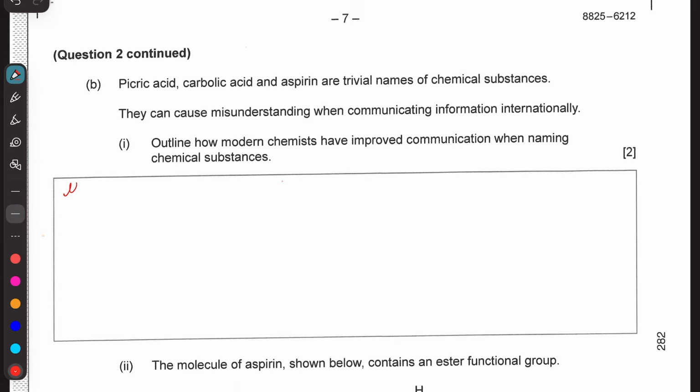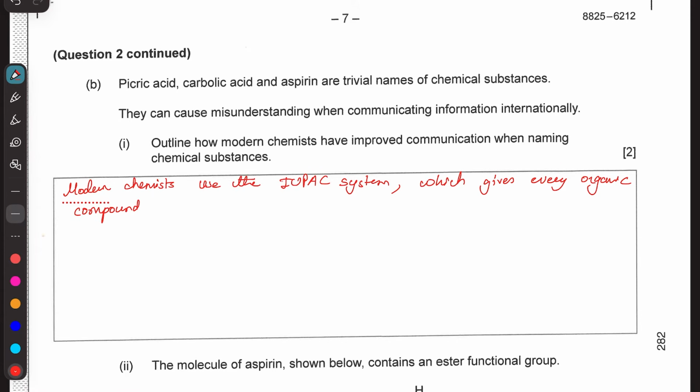So if I want to write it down: modern chemists use the IUPAC system, which gives every organic compound a unique name based on its molecular structure.